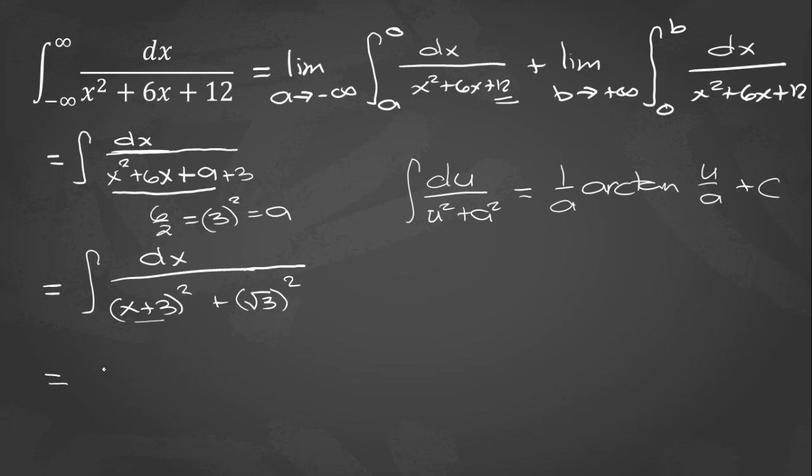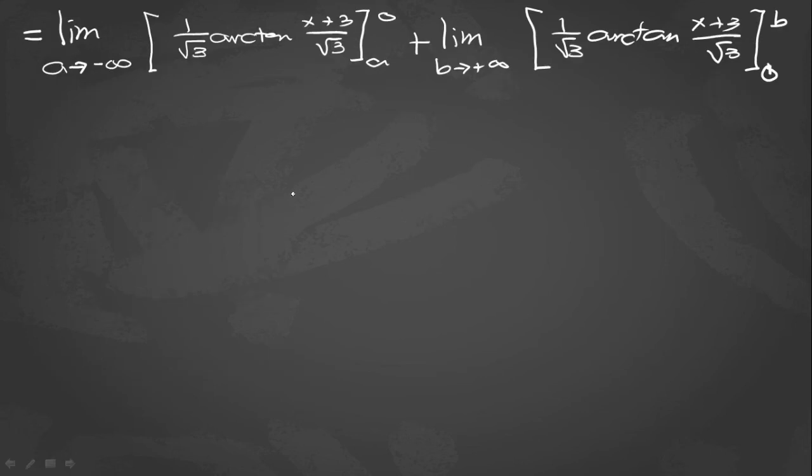Then it is 1 over a, where our a here is square root of 3, so 1 over square root of 3, multiplied by arc tan, or the inverse tangent, of u, which is x plus 3, over square root of 3. So our resulting function should look like this.